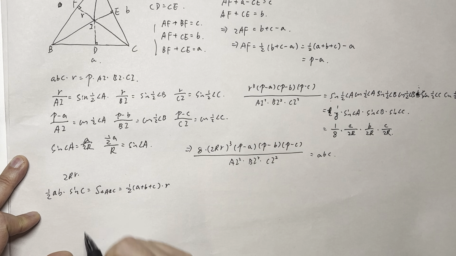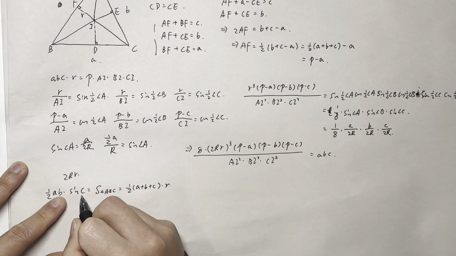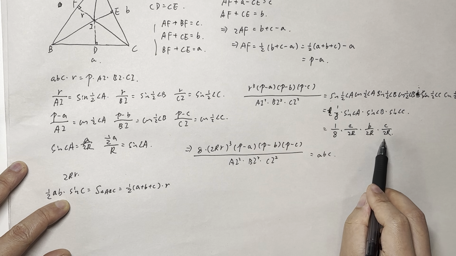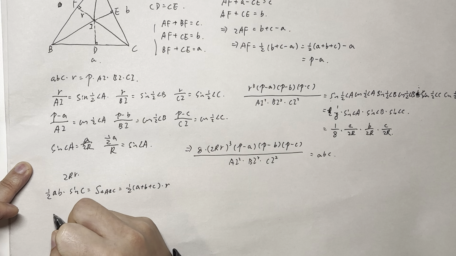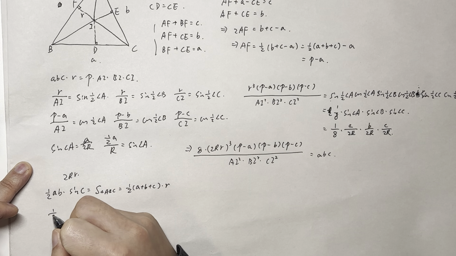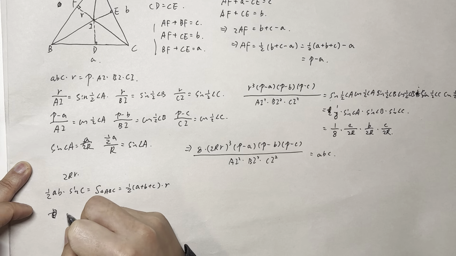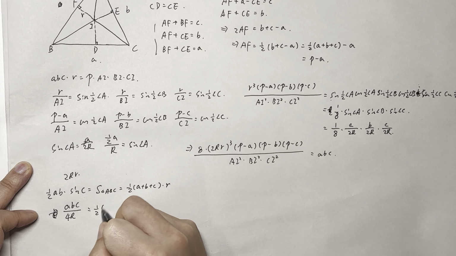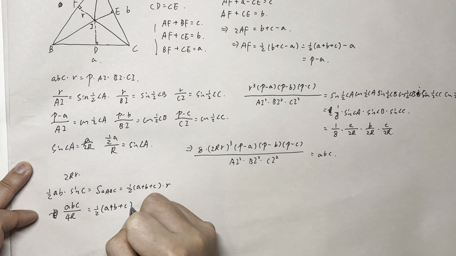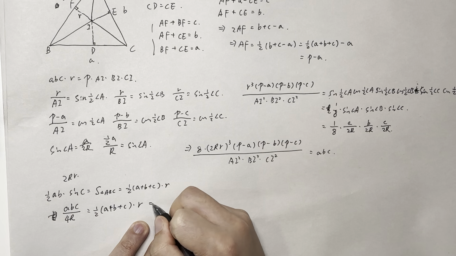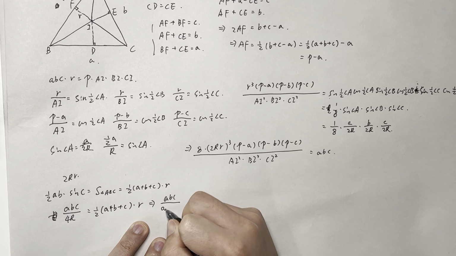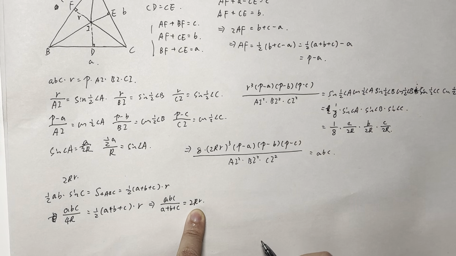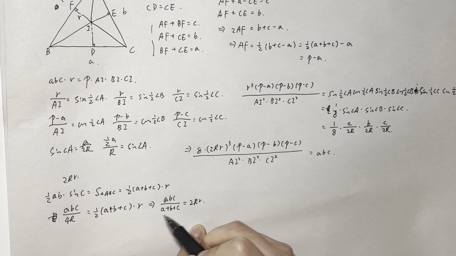And sine C equals C over 2R, right? So ABC over 4R equals half of A plus B plus C times r, which means ABC over A plus B plus C equals 2Rr, right? So we replace this 2Rr by this one.